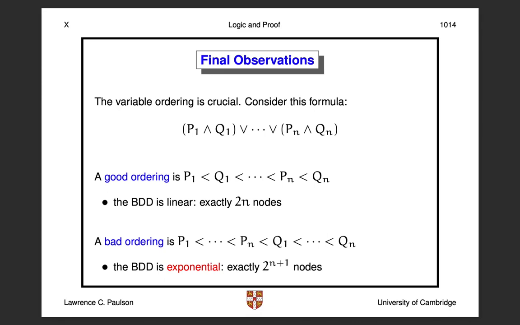And the reason is, instead of being able to test P1 and Q1 and immediately know the answer, we have to test P1 up to Pn. And only then can we start to do things with the Q's, because we don't know anything about the final result until we have started testing Q's as well as P's.